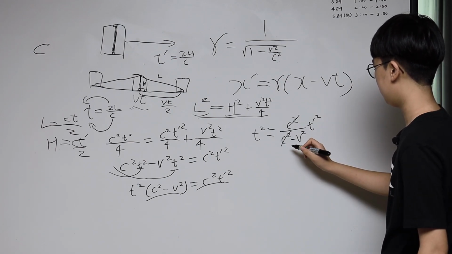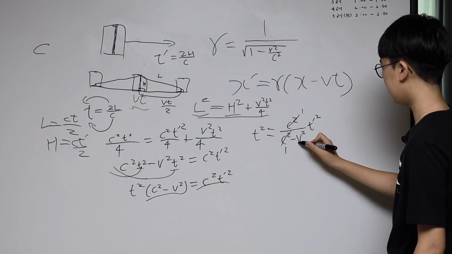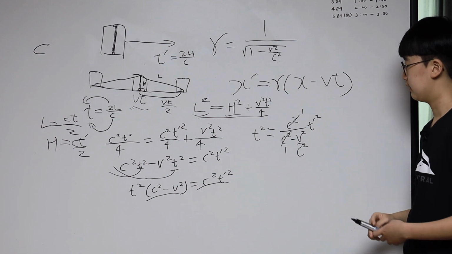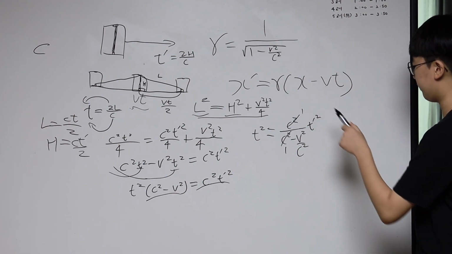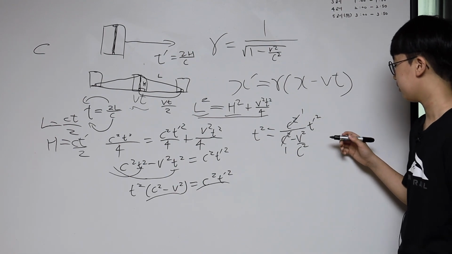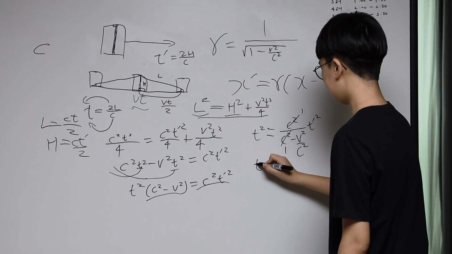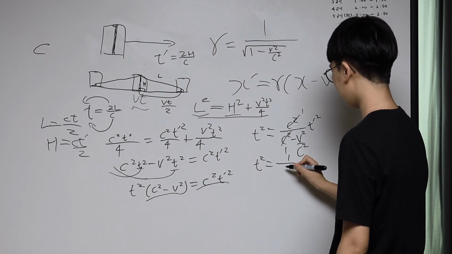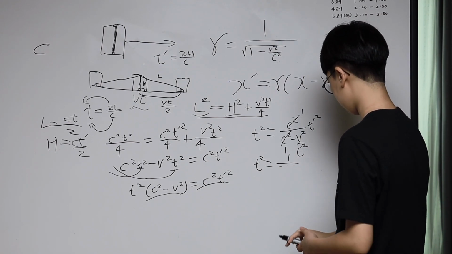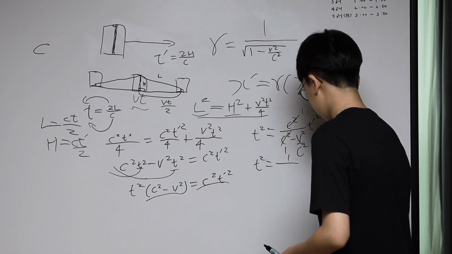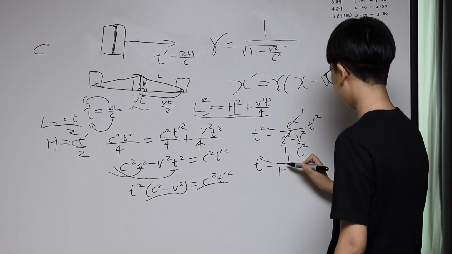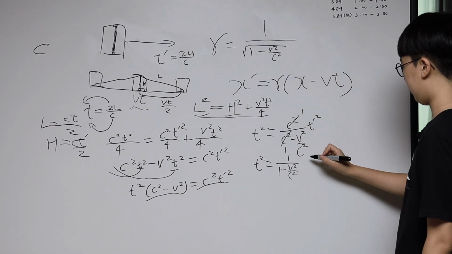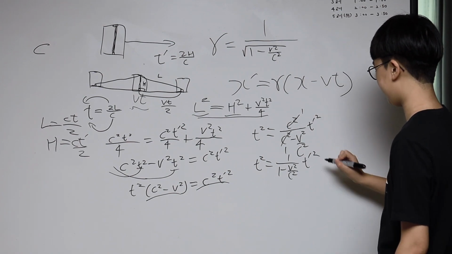So that becomes 1 over 1 minus v squared over c squared, multiplied by t prime squared.